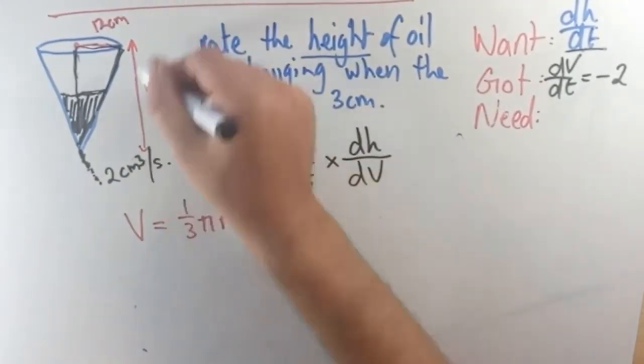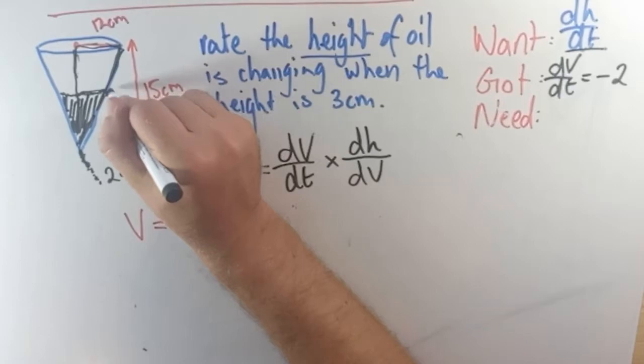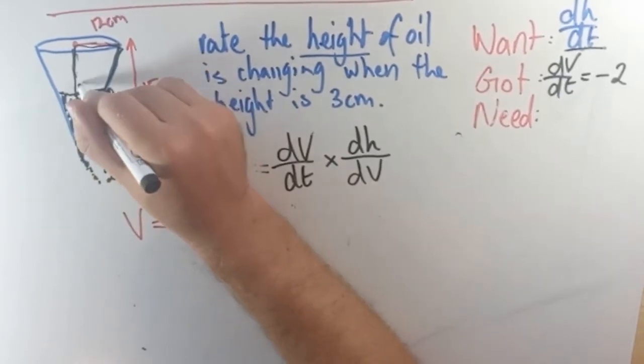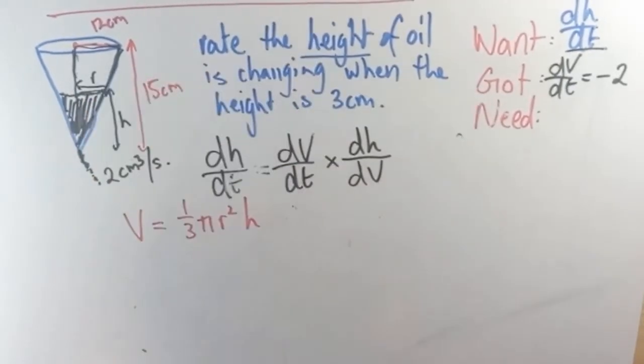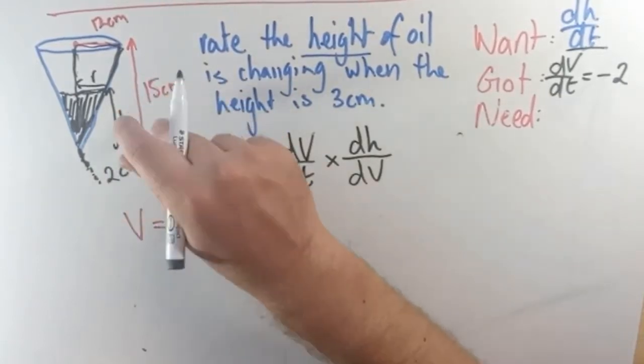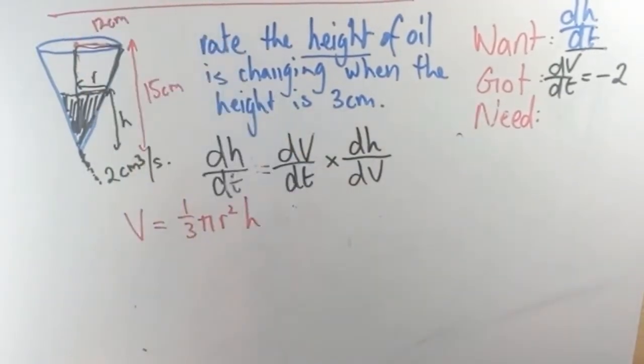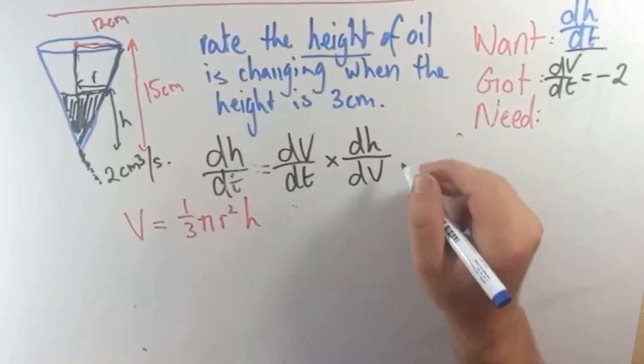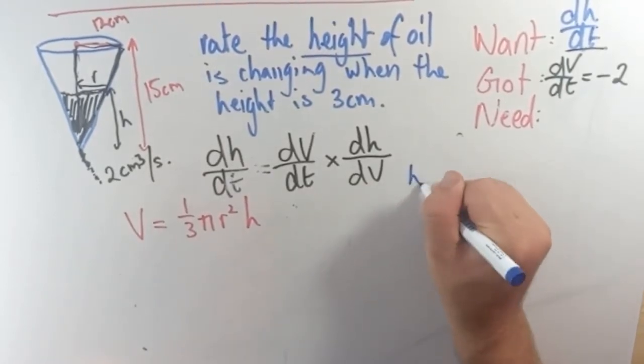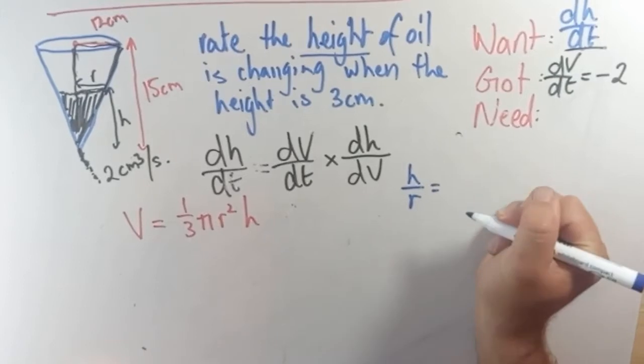So we know that the ratio of the height of the oil and the radius of the oil is going to be the same as the ratio of the height of the big cone and the radius of the big cone.